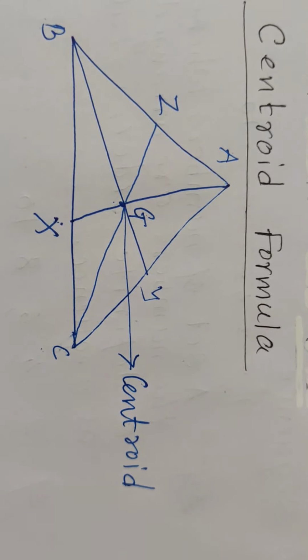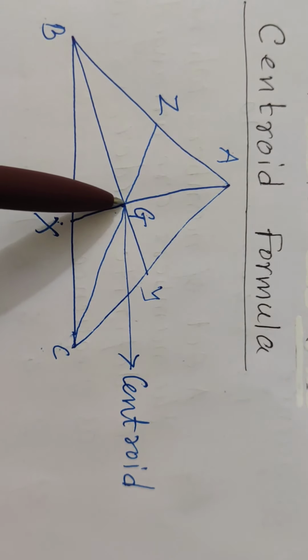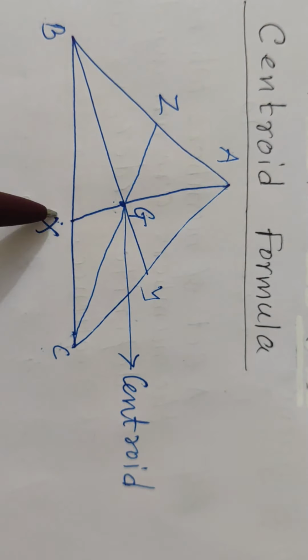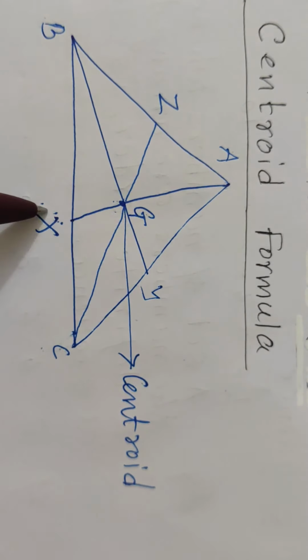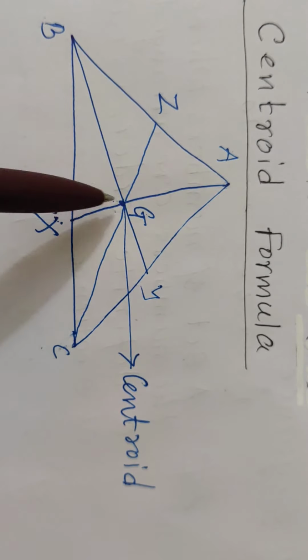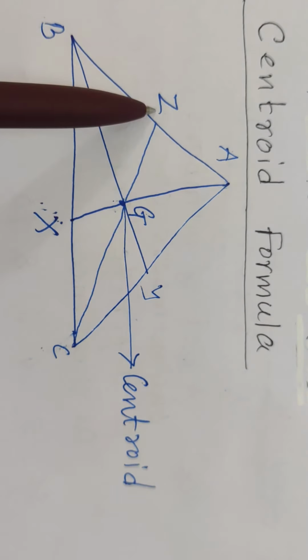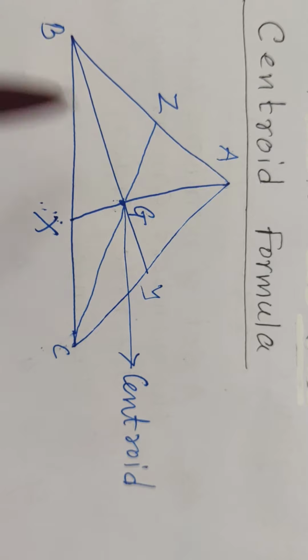So you should know that the centroid divides the median. That means G is the centroid, AX is the median. So the centroid divides the median in the ratio 2:1. That means AG is 2 and GX is 1. CG is 2 and GZ is 1. BG is 2 and GY is 1.